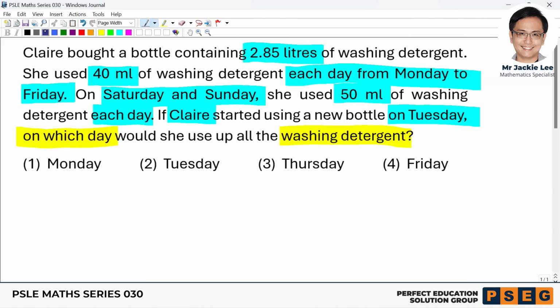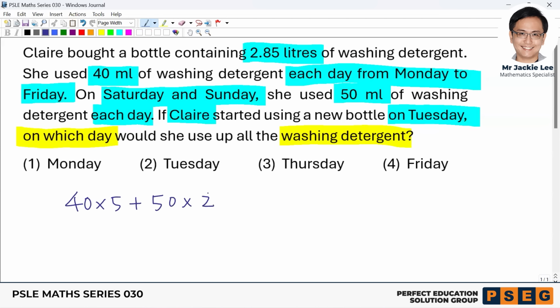Okay, first of all, we got to know that 1 liter is 1000 ml. So 2.5 liters is actually 2850. Okay, let's compute the total volume of washing detergent being used for 1 complete week. So isn't it that Monday to Friday is 40 times 5, then plus weekends 50 times 2.